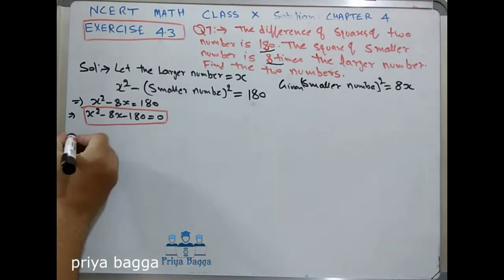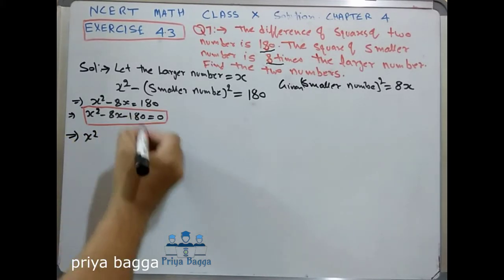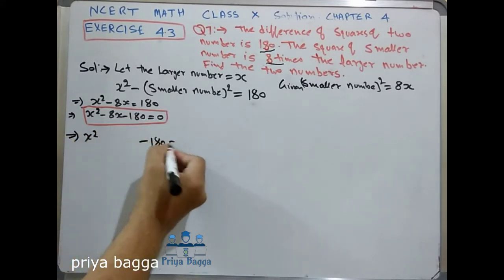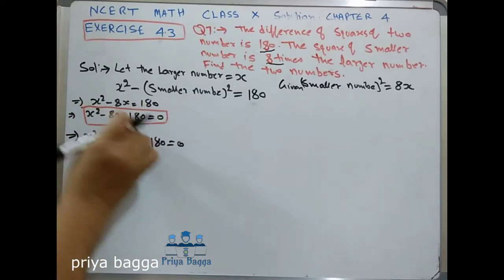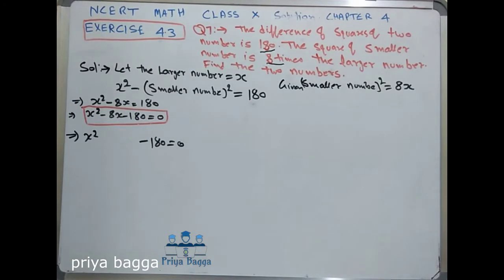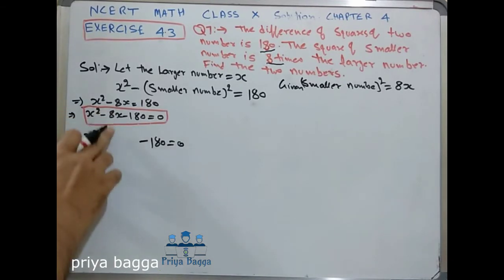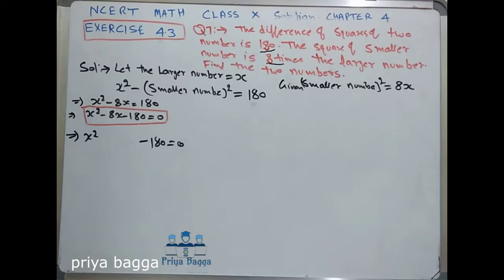Okay, so now x square, and this 180 is as it is, equal to 0. x square is from this equation, 180 is from this equation. Now I will split this minus 8x into two numbers in such a way that when I add those two numbers, they become minus 8x, and if I multiply them, they become minus 180.